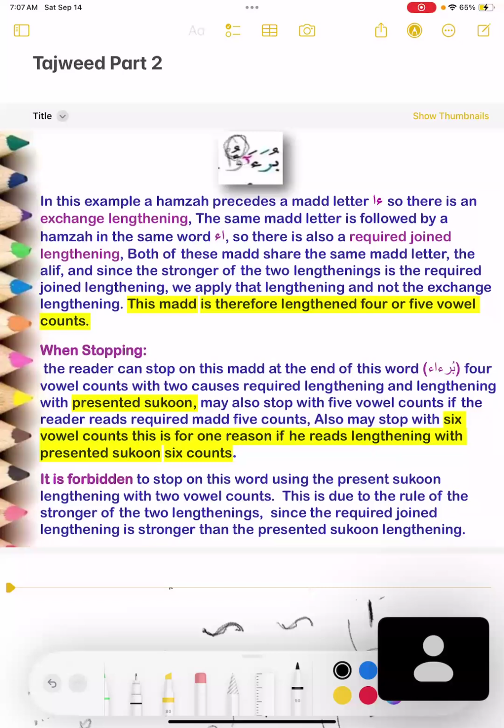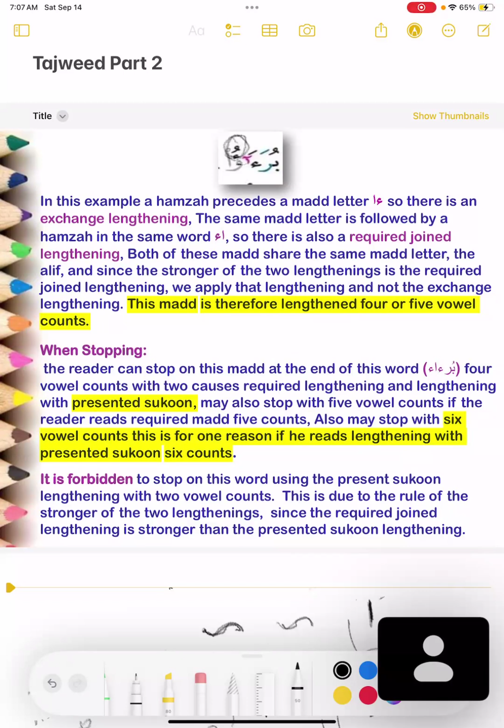Remember, you have to not give madd aridul sukun more length than madd muttasil. Madd aridul sukun will not be lengthened more than madd muttasil. So keep that in mind.